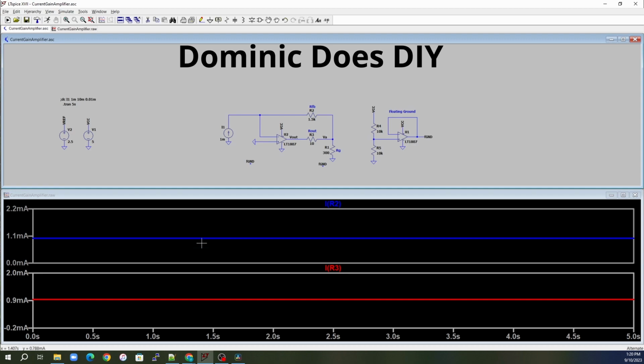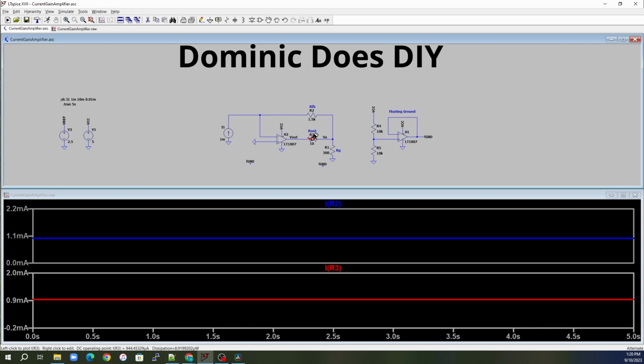If we run that, you can see that the current through R2, our feedback resistor, is 1 milliamp, just like we expected, since that's the input current. But I3, which is our output current, is actually a positive 0.9 milliamps. What that means is we're getting less current at this point than we were expecting.